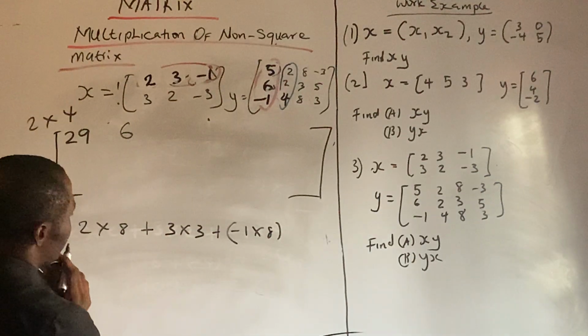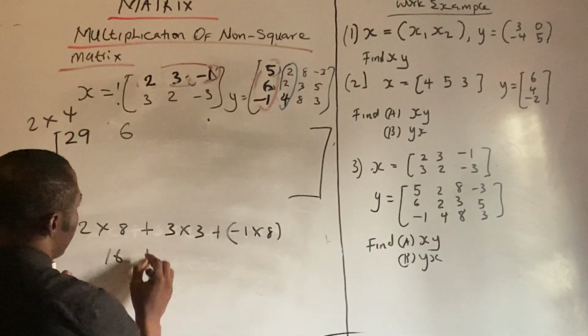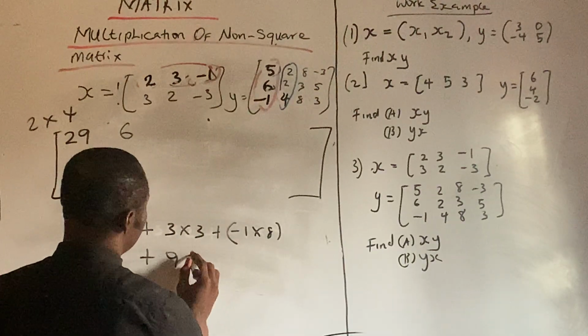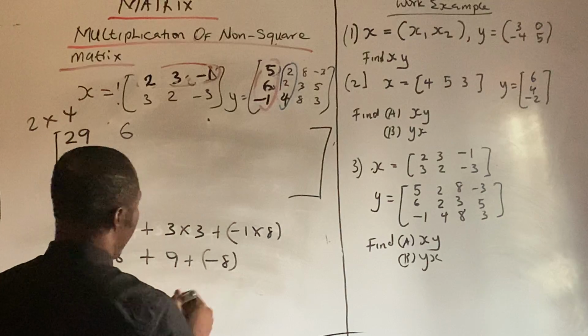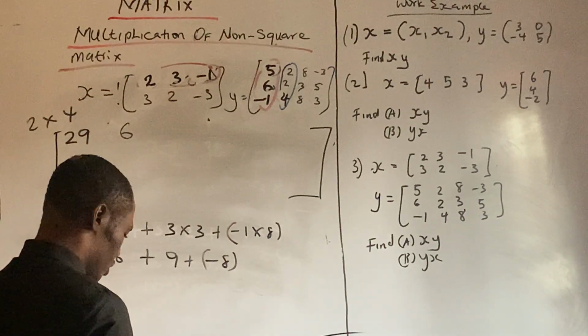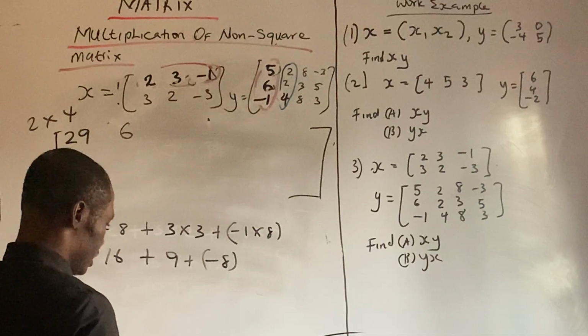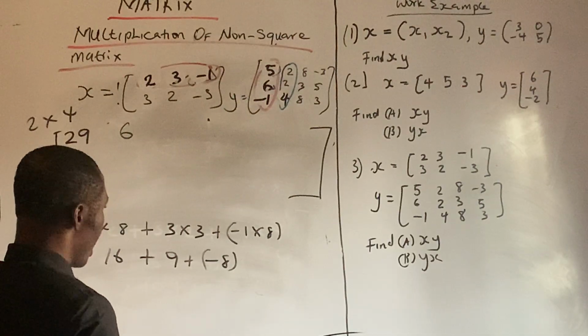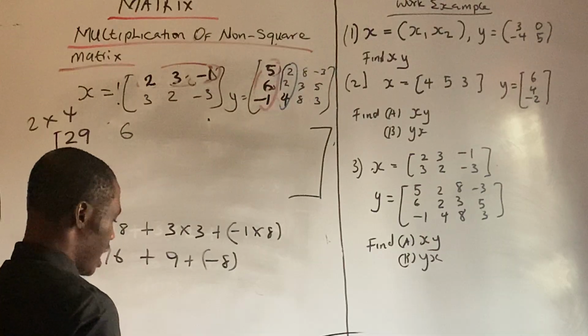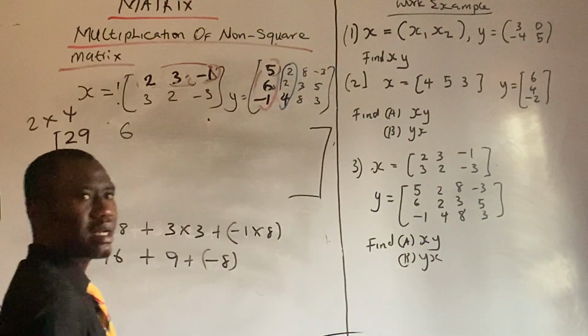This is 2 times 8, that is 16. And this times this is 9. And this times this is minus 8. And if you add this together, 2 times 8 is 16 plus 9 plus minus 8 plus minus 8. That will give me 17.